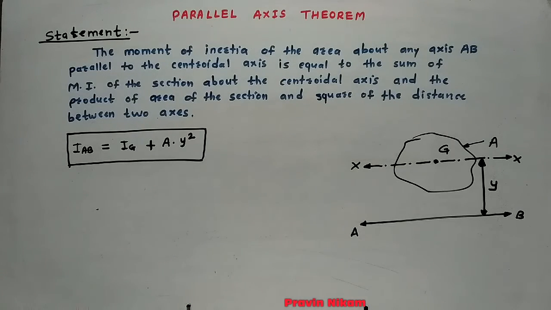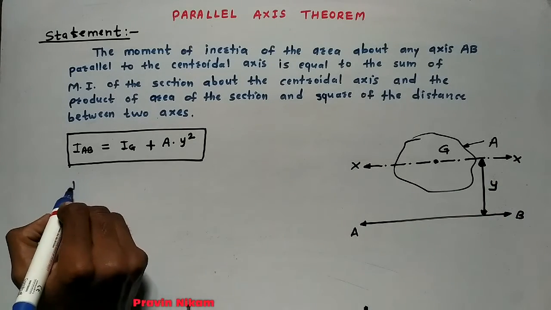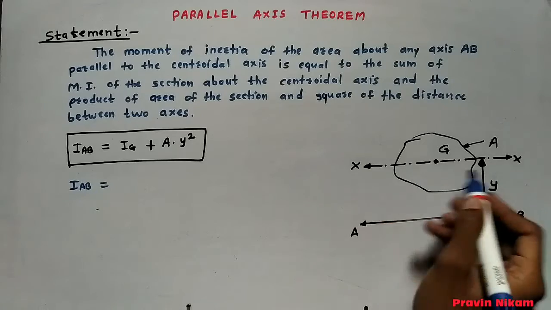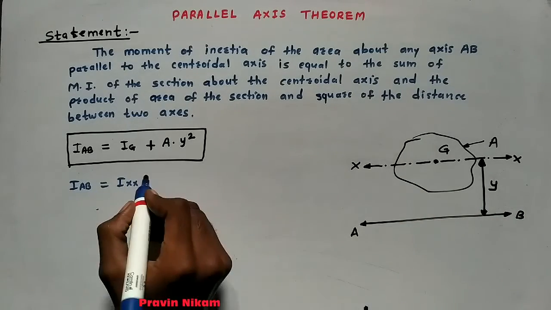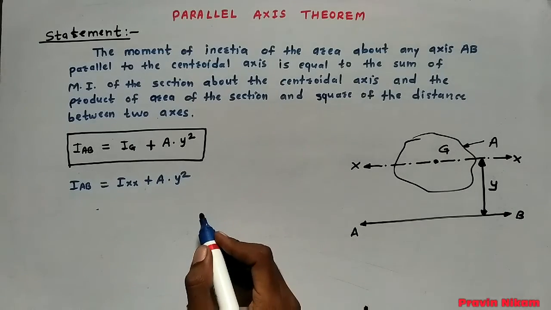In this case the centroidal axis is the horizontal axis XX, so you can write IAB with IG as IXX, the horizontal centroidal axis, plus A into y square.